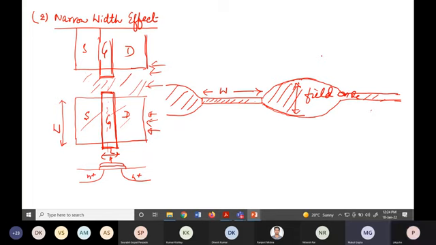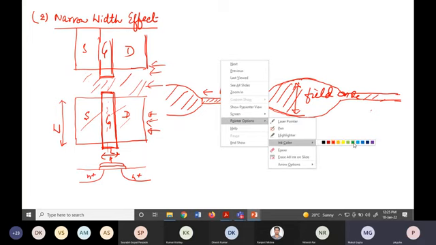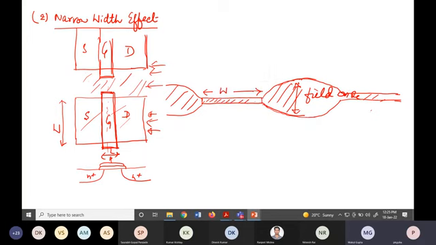Now this polysilicon, which is sitting on top of your gate oxide, is sitting here, right?